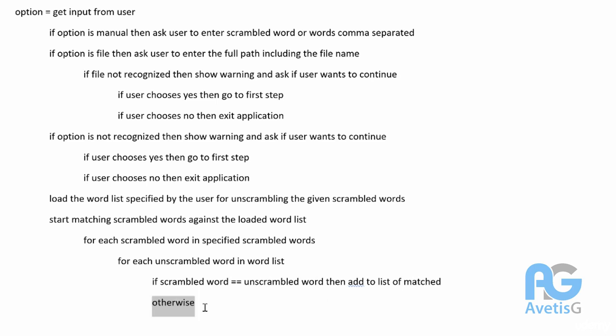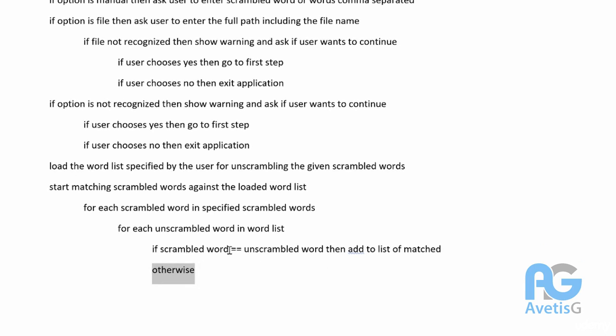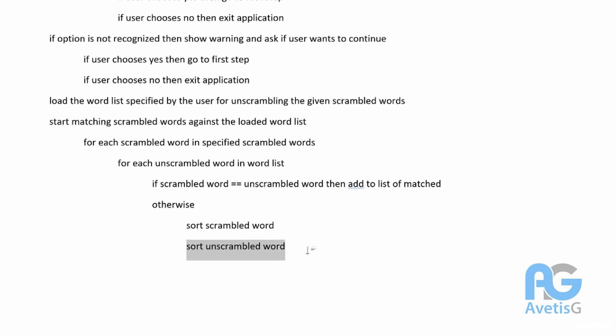And then we say, otherwise, if these two are not equal, then make sure to do something fancy to figure out if they are in fact not equal, or is it just that the order is a bit different. So now what we're doing is we're using a little trick here. We're sorting the scrambled word and we're also sorting the unscrambled word. What this will do is put them in the same exact order.